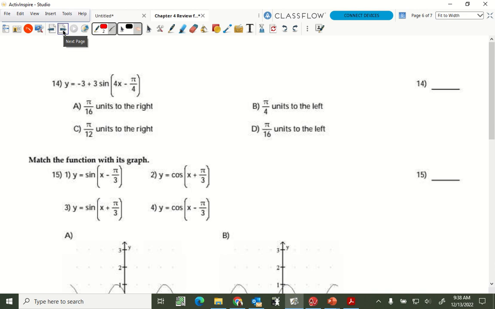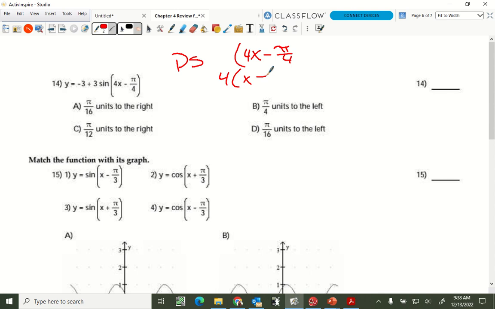All right, here's another one. But to be able to do this one, to get my phase shift, what do I have to do first? You have to factor out what's in front of the x. Very good. Factor out what's out in front of the x. So my phase shift, it starts off at 4x minus pi over 4. I'm factoring out a 4, so it's going to be x minus, I'm dividing by 4.